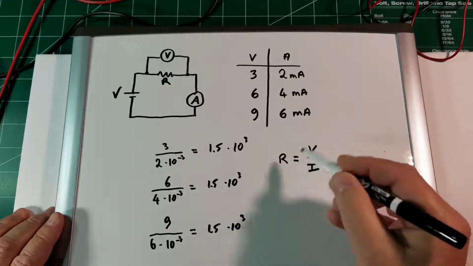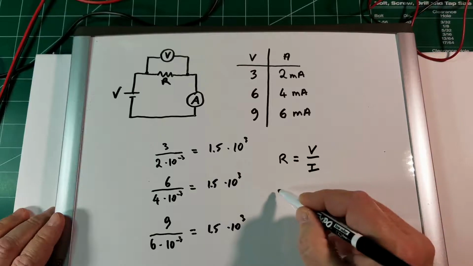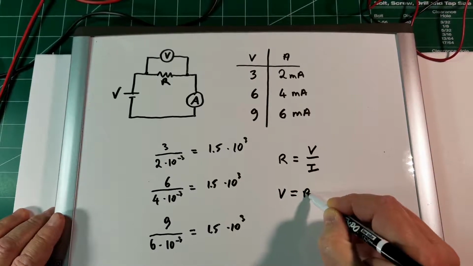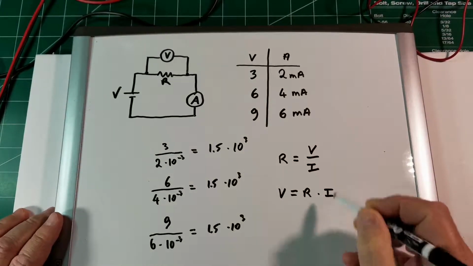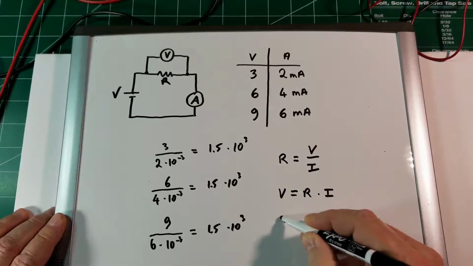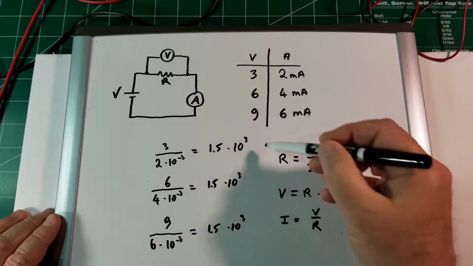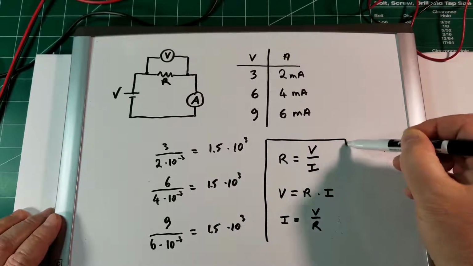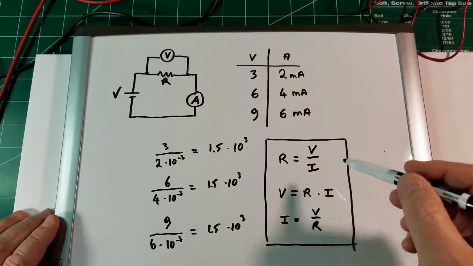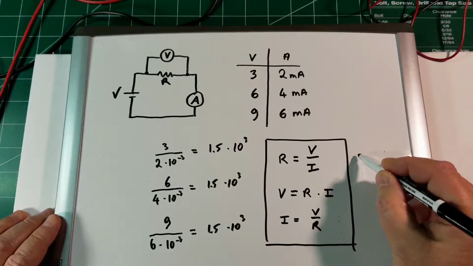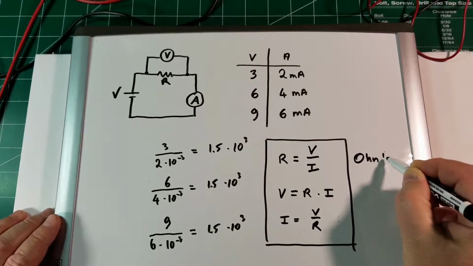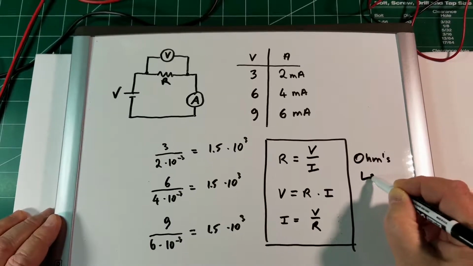How can we rewrite this one too? We can say that V equals R times I, or we can put it in this form, I equals V over R. So these are the various ways of writing always the same information. This is what is called Ohm's Law.